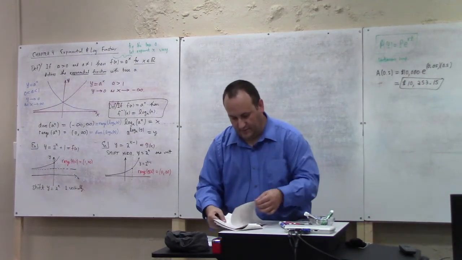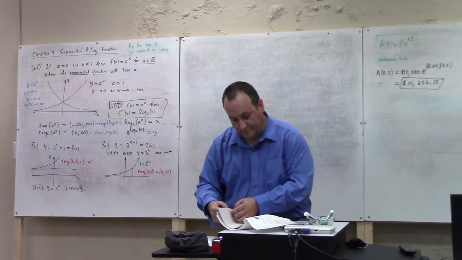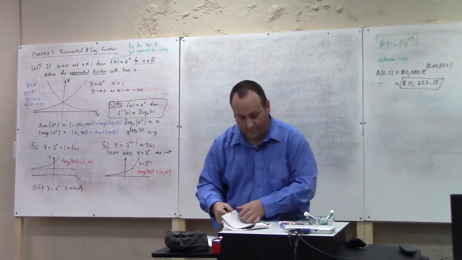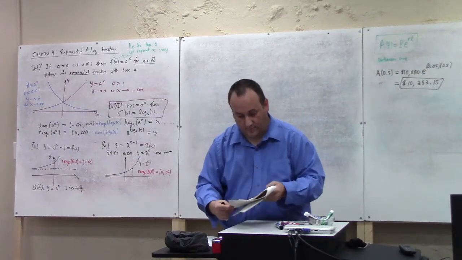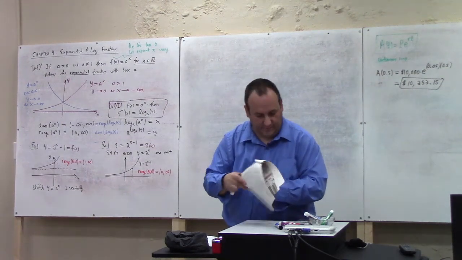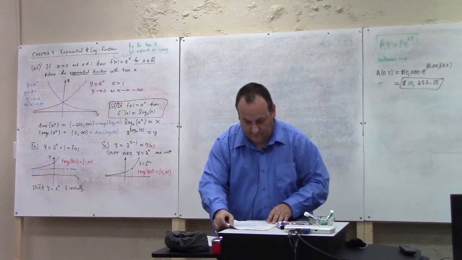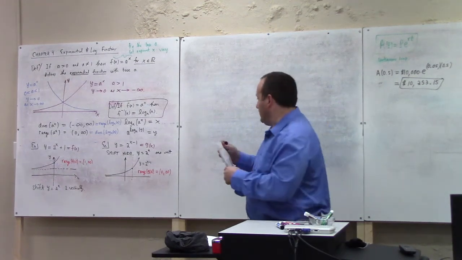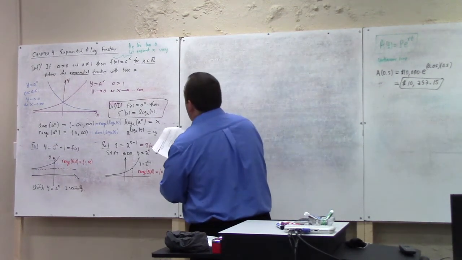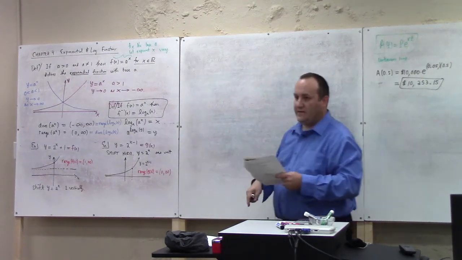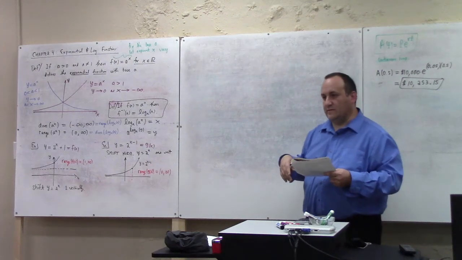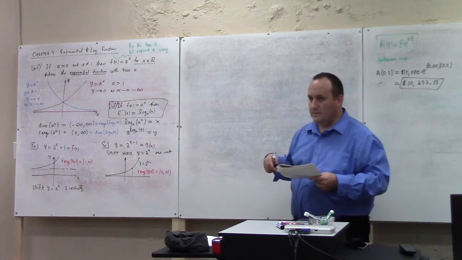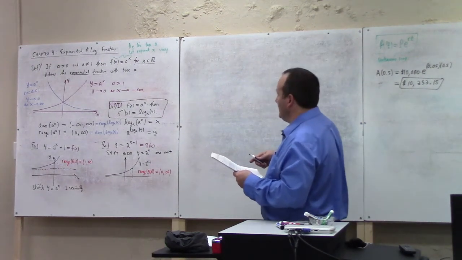All right, so moving along here. It brings us to section 4.3, which is the logarithm. Later in the chapter, we have more to say about exponential functions, like exponential growth and decay.